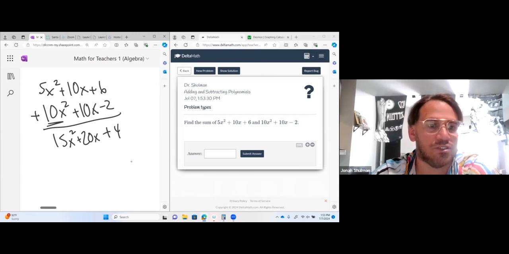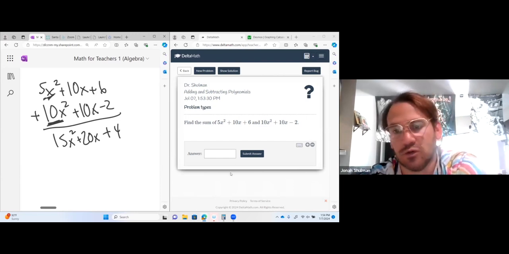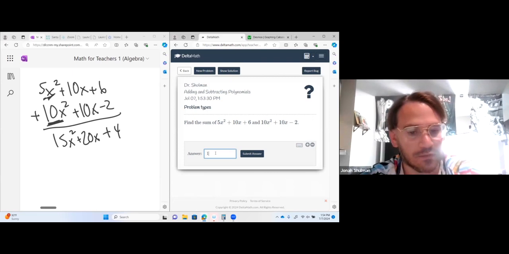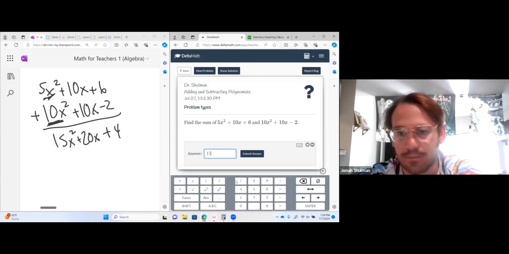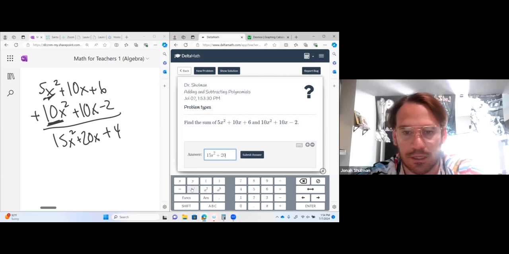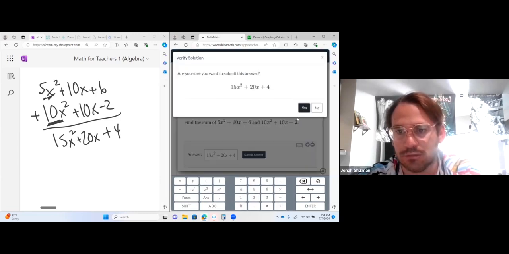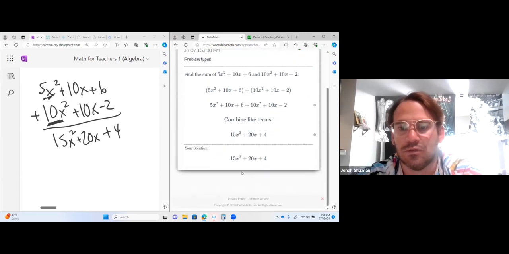The friends match. You can show it with different colors, students like that. So this is 15x squared plus 20x plus 4. Magic.